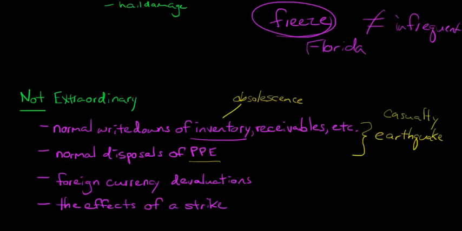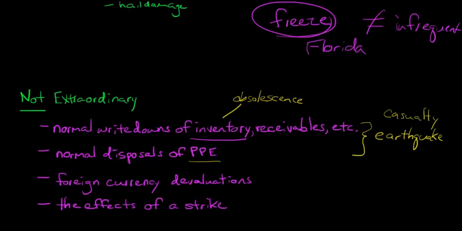Another thing is foreign currency devaluations. If you have a lot of contracts that are denominated in foreign currencies and you didn't hedge those contracts and there's some kind of major devaluation, then that's not going to be an extraordinary item. That's just a loss on a foreign currency thing.